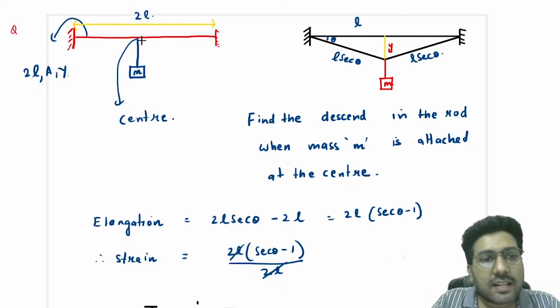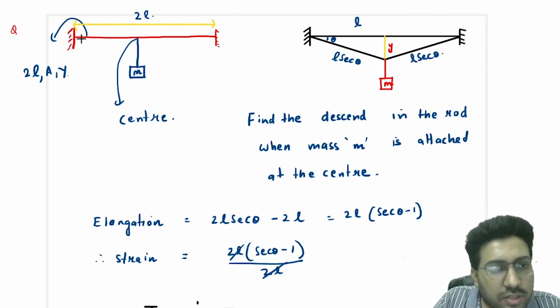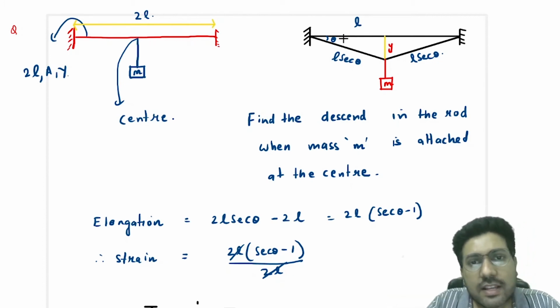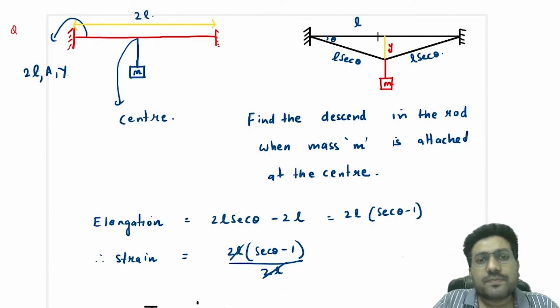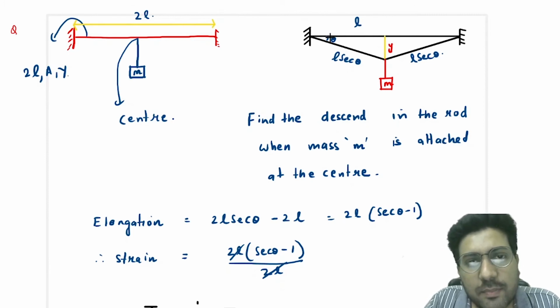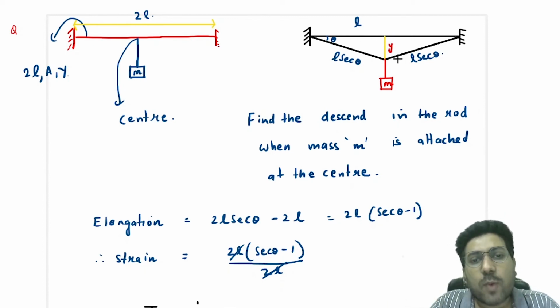At the center a block is attached through a string, and when you attach this block on this rod, this rod will bend. You are asked to find the descent in this rod. Now in this triangle, suppose this angle is theta and the descent is y. We need to find this y.